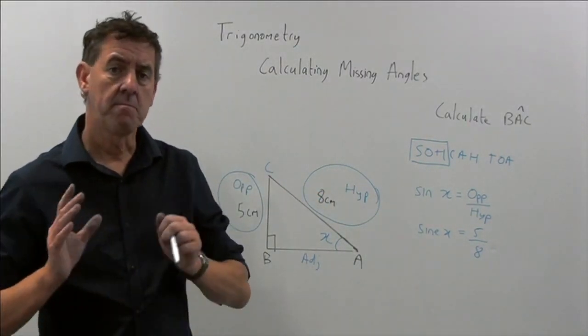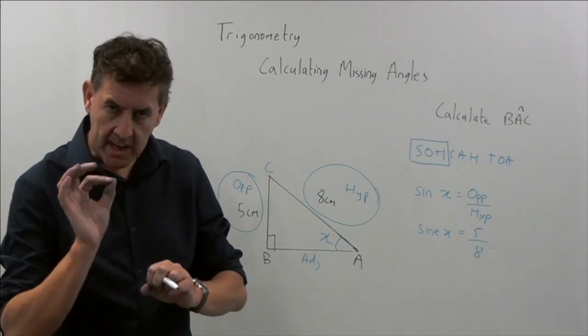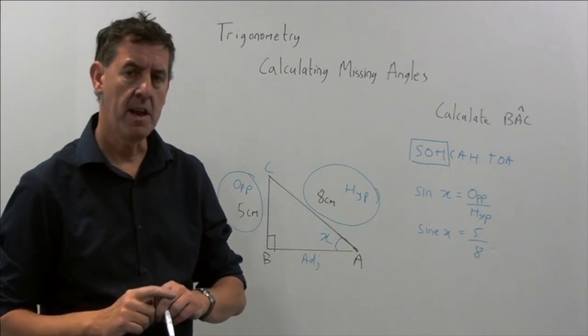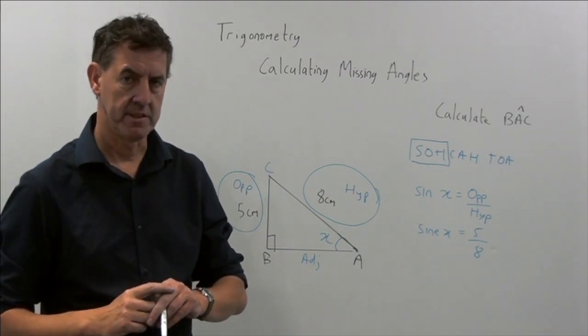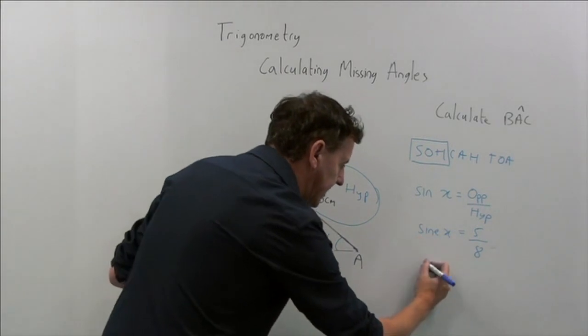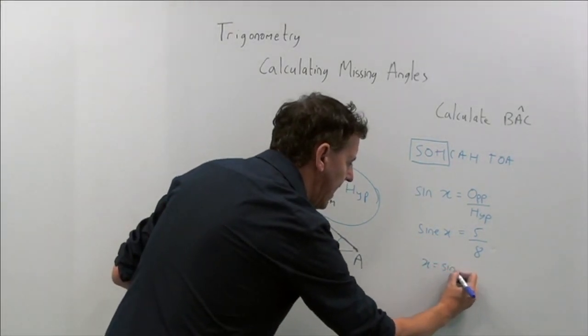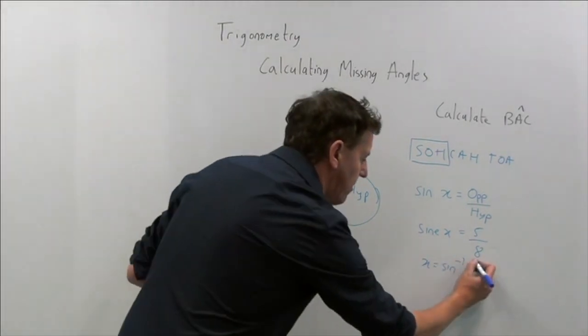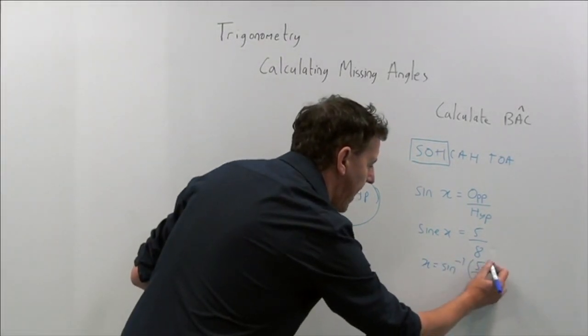Well, believe it or not, there's a button on your scientific calculator that does that job just for you. It often lives just above the sine button, and it's called sine inverse. So the way we get rid of that sine is to do sine inverse, sine to the power of -1, of 5 over 8.